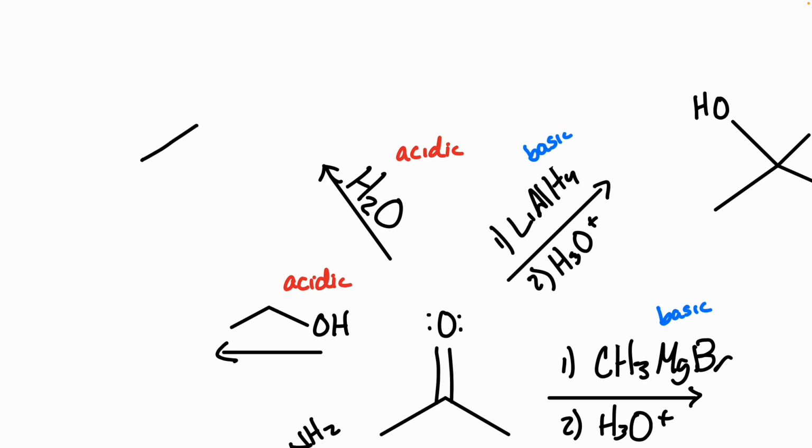With water, we get that gem diol, where we have those two OH groups. We said that this equilibrium actually favors the ketone or the aldehyde, but importantly, this reaction is always occurring in solution. They're flip-flopping back and forth and back and forth.